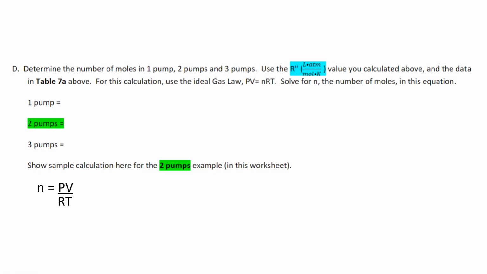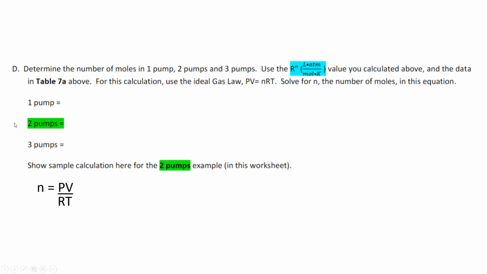We want to look back at data table 7A, and we can put in the pressure. The volume was constant. We'll use our average R, and then we will use the temperature. We can use the one at 300 Kelvin, and then we can solve for the number of moles.